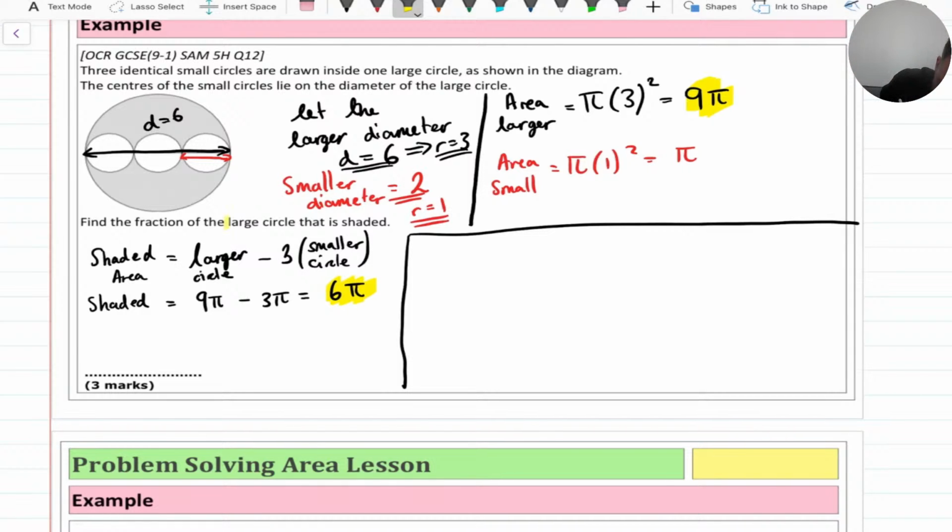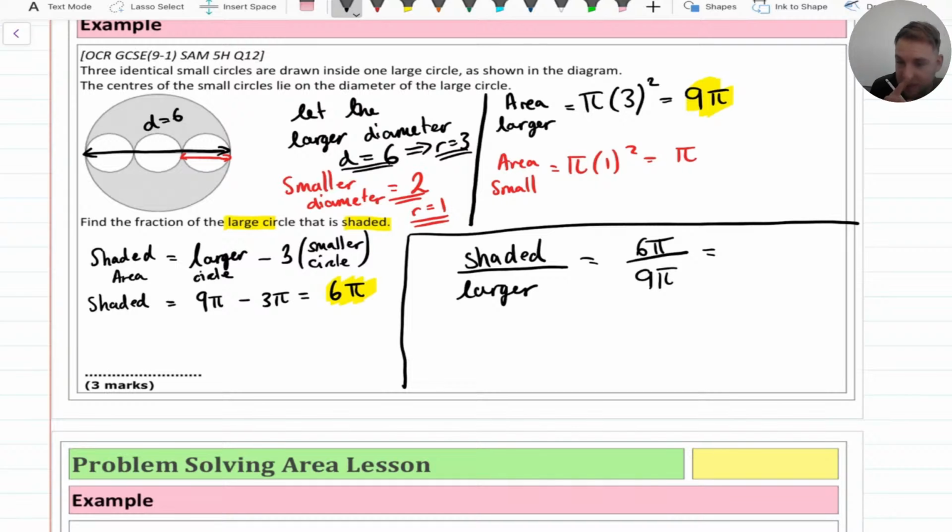So the fraction is the shaded over the larger circle, which is 6 pi over 9 pi. 6 pi divided by 9 pi is equal to 2 over 3.